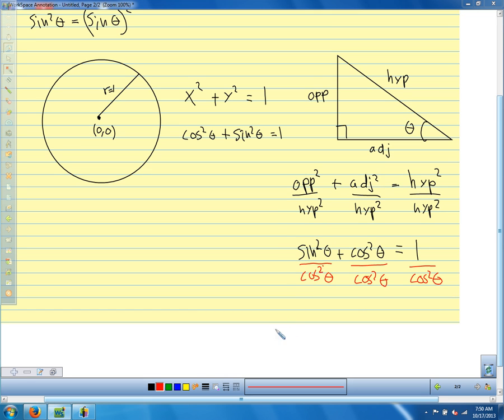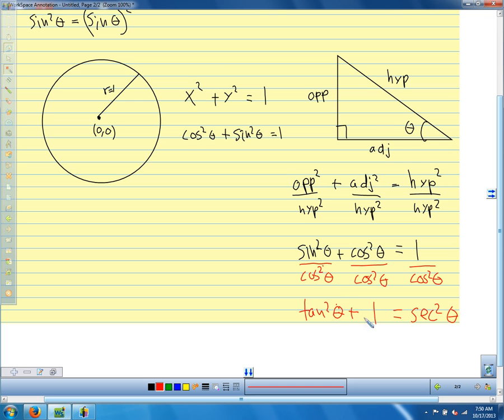Sine theta over cosine theta is tangent theta, so tangent squared theta. Cosine squared theta over cosine squared theta is 1. 1 over cosine theta is secant. So that's how I get to the second one from the first one.